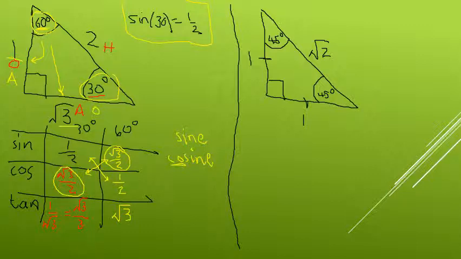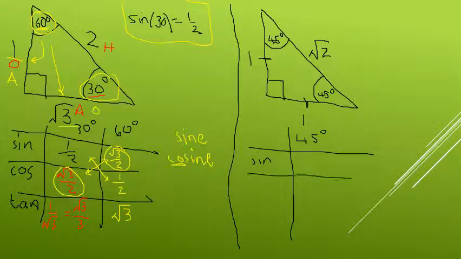So for 45 degrees, I can get the sine of 45 degrees, the cosine of 45 degrees, and the tangent of 45 degrees.